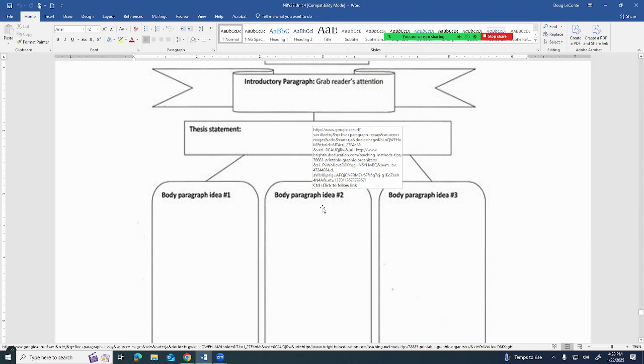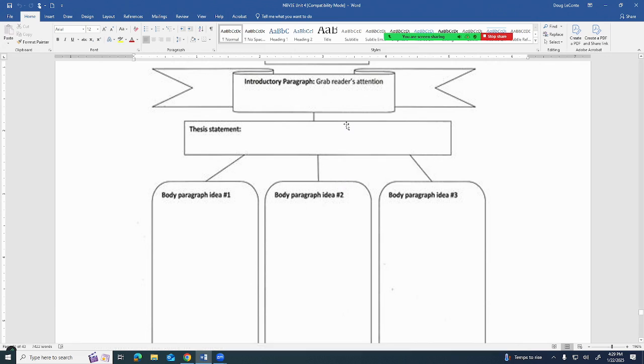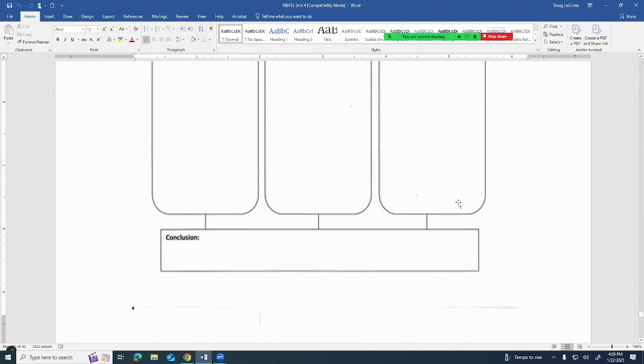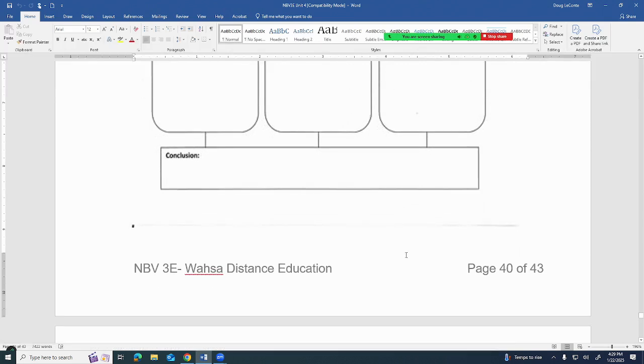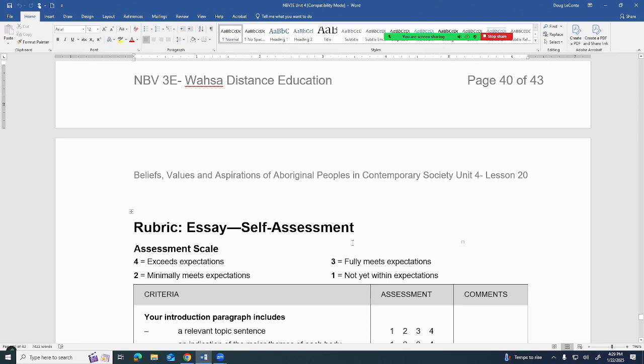And then in the second paragraph you say, second, comma, and then you explain your second subtopic, which supports your thesis statement, and then third, right? You would write your topic sentence for your third body paragraph. And then, of course, there's the conclusion that follows, the concluding paragraph.